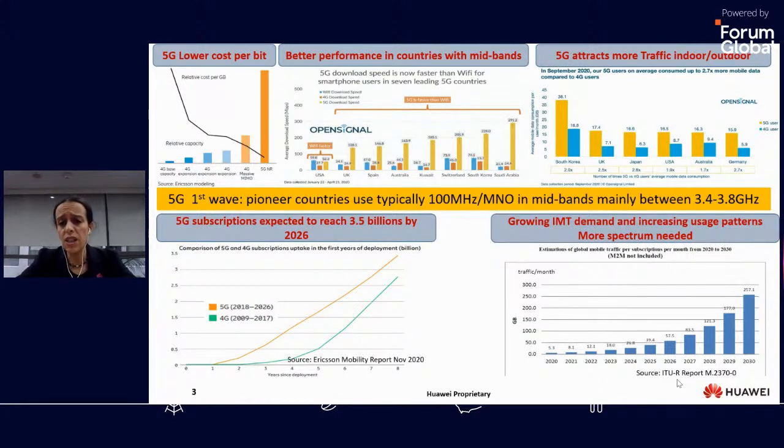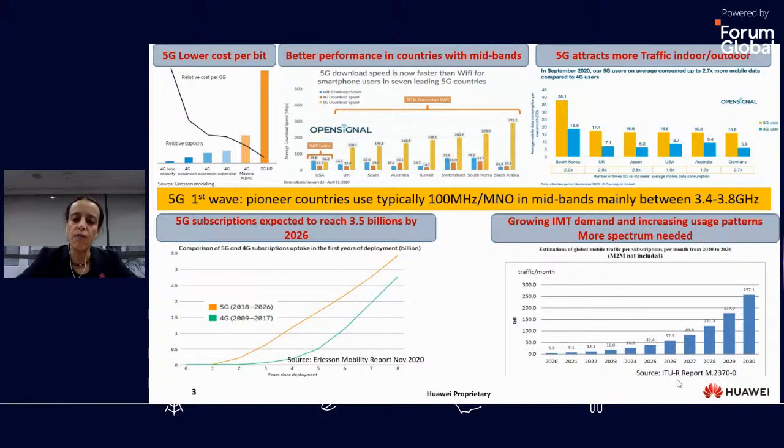And this is just the first wave of 5G. This is what happened after one and a half or 2 years of 5G deployment. In general, this is served typically through 100 megahertz of spectrum per MNO in midbands, and that's today mainly through C-band from 3.4 to 3.8 gigahertz, but in some countries that's complemented also by spectrum from the 2.6 gigahertz band or 2.3 gigahertz band, for example.